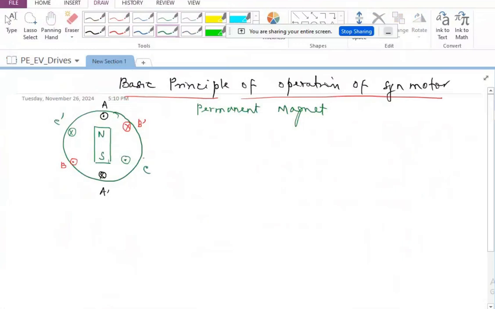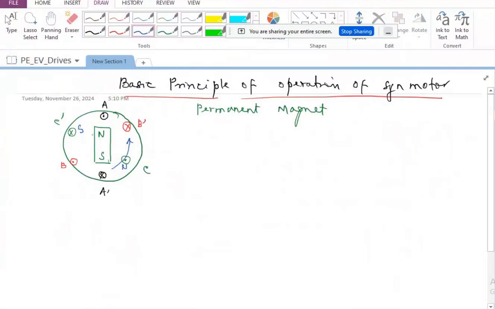So when I am exciting the three-phase windings in the stator with three-phase time distributed current, we said that it is going to create a revolving magnetic field, which is rotating in, say, anti-clockwise direction. And let's say at this instant, it is as good as having a magnet which is having South Pole here and North Pole here at this juncture in the air gap.